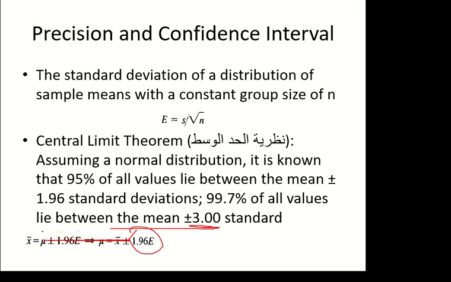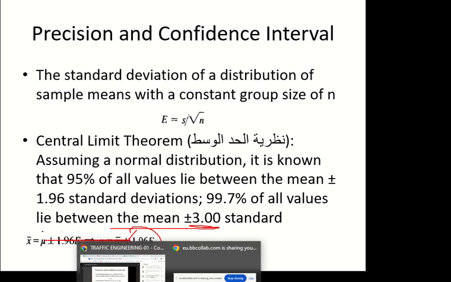One thing from here: this range, mean plus minus 1.96 E, or the ranges given by the central limit theorem for a specific portion of the data, we call a confidence interval.